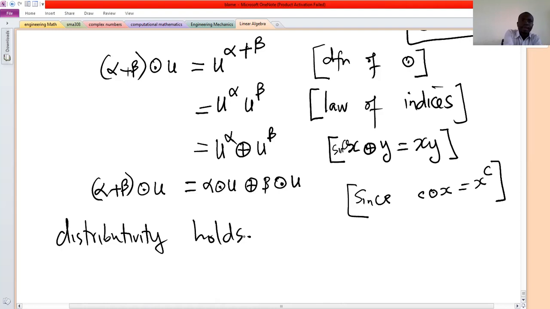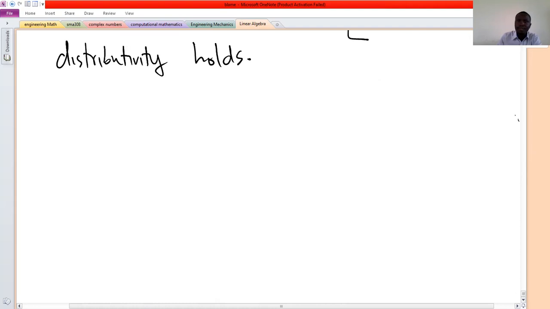And then a second last property, associativity with respect to scalar multiplication.